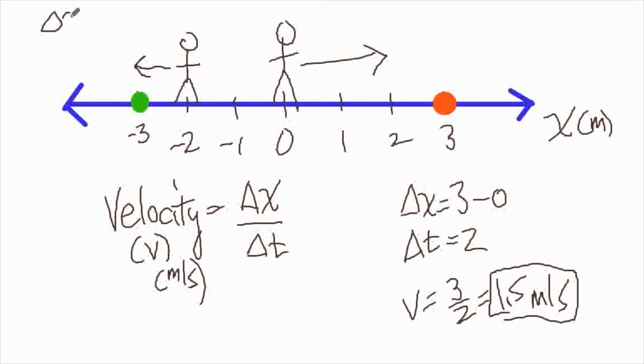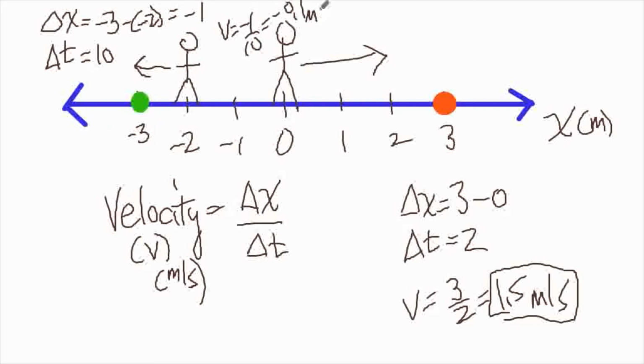So the displacement was final position minus initial, which gives -1, and the time difference I said was 10 seconds. All right, so putting all that together, the ratio is -1 over 10, or -0.1 meters per second.